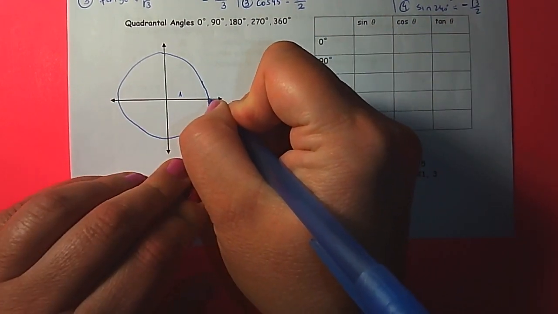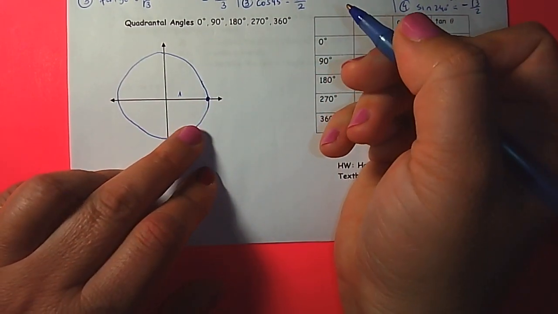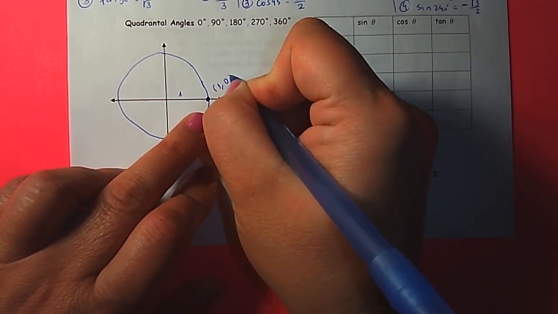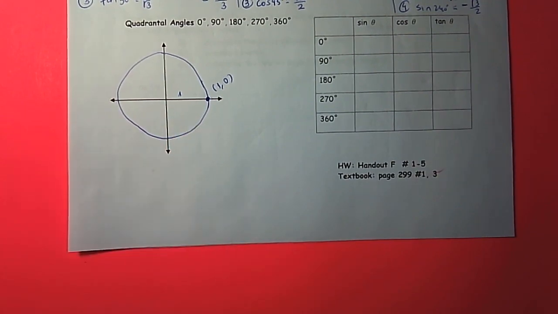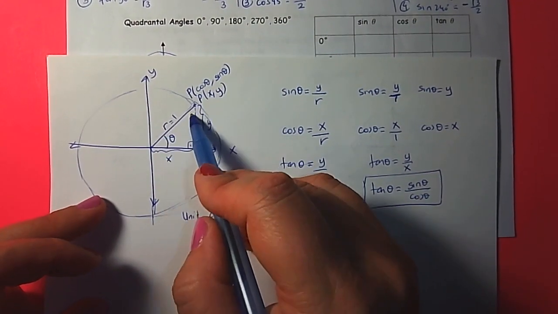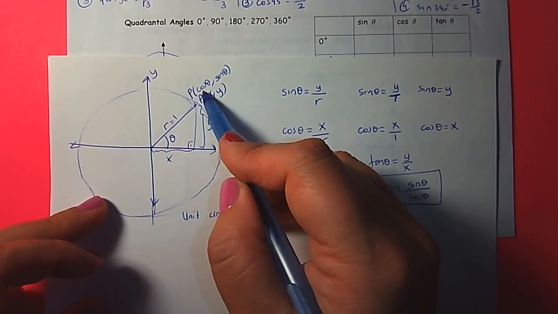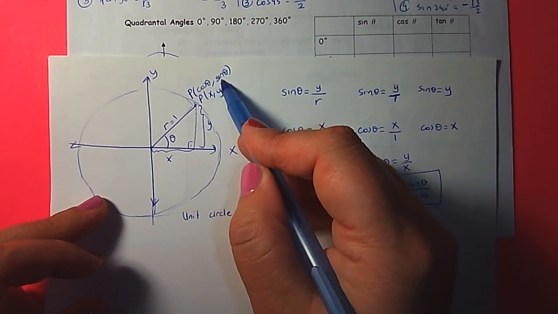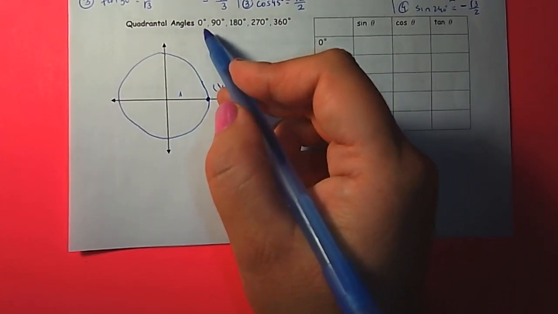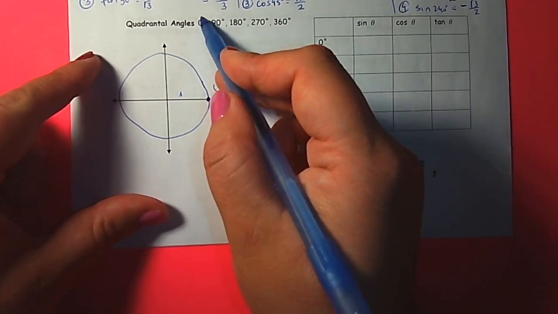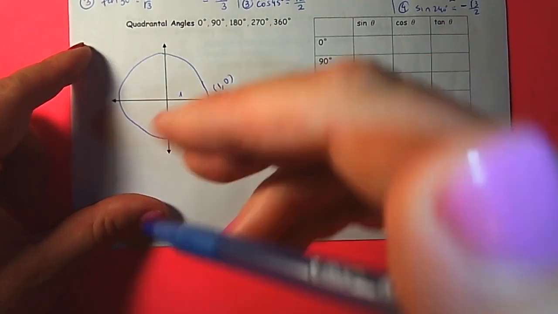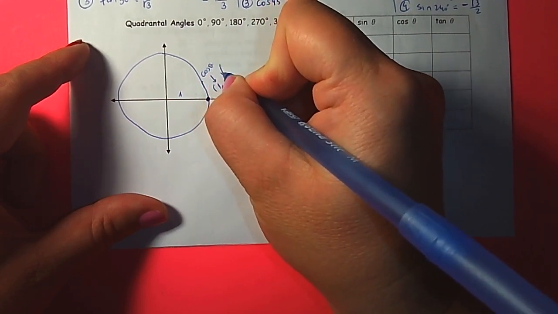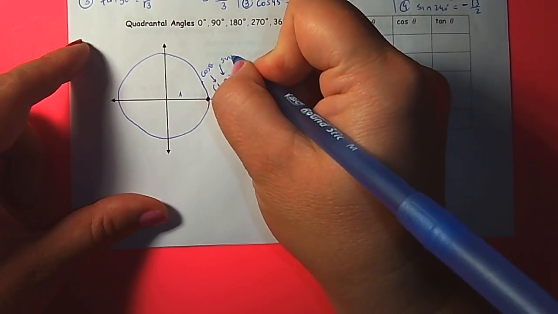So the coordinates of this point would be: x coordinate is 1 and y coordinate is 0. We just said that if we have a unit circle, the x coordinate is cos theta and the y coordinate is the same as sine theta. So if we are looking at 0 degree here, then this 1 is our cos theta and this 0 is our sine theta.